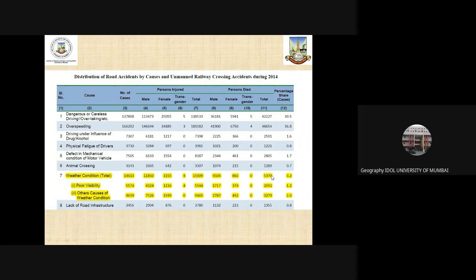So 5,370 people died, of which 2,091 people died because of poor visibility. And this poor visibility is the result of increasing atmospheric pollutants in the air.